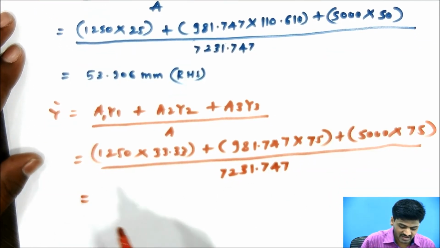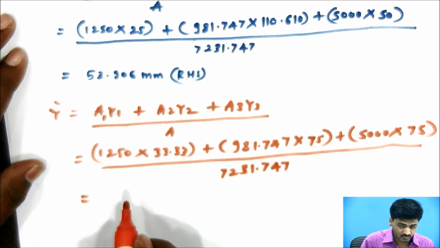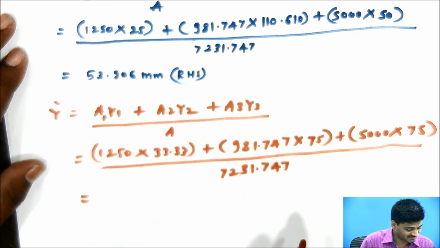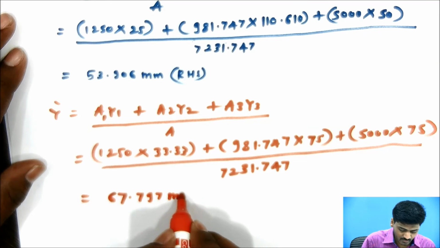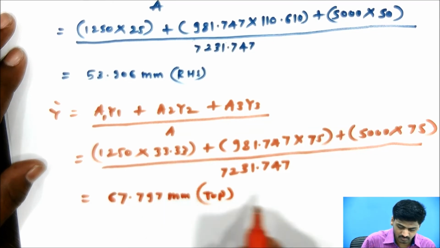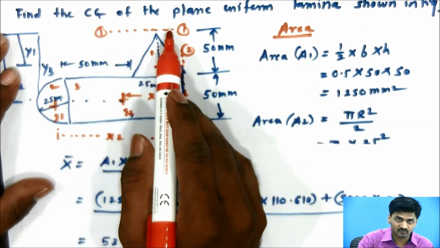If I calculate all these, you will get y bar, which is from the top, that is from reference axis 1-1, 67.797 mm.